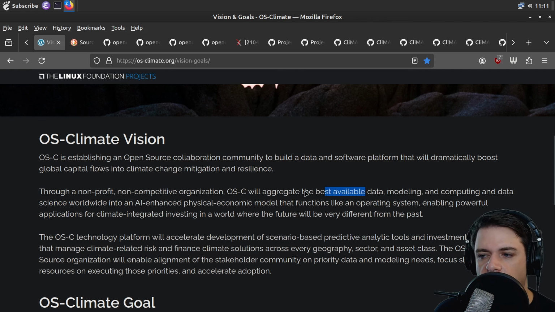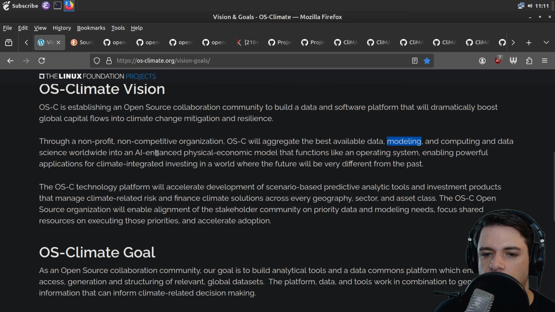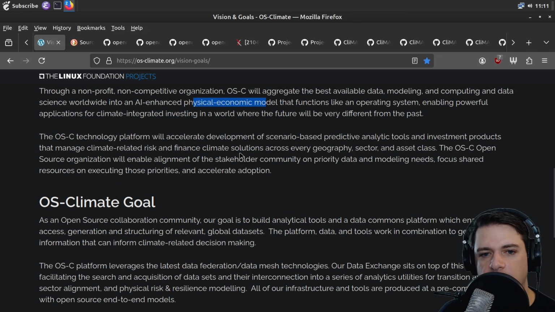They'll aggregate the data, modeling, and computing and data science worldwide into an AI enhanced physical economic model that functions like an operating system. It will be a physical economic model enabling powerful applications for climate integrated investing in a world where the future will be very different from the past.